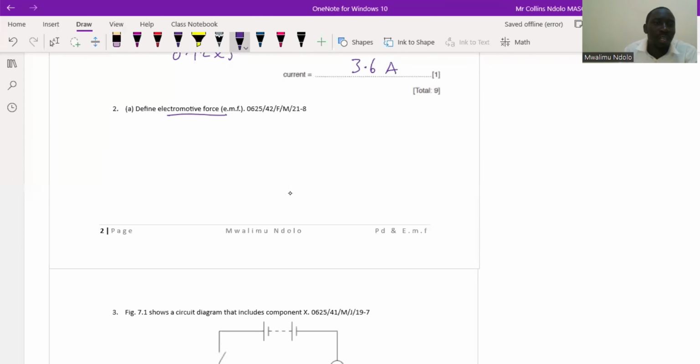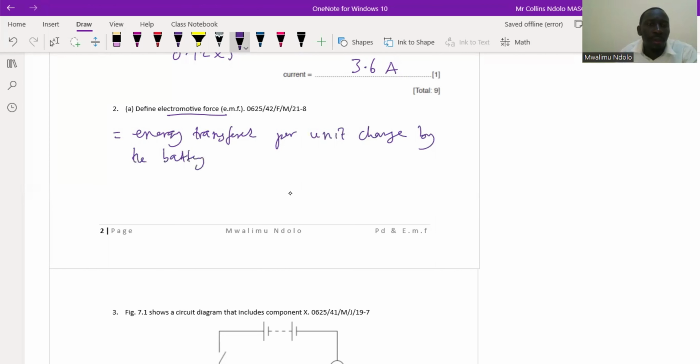In a circuit, we define EMF as the energy transferred per unit charge by the battery or a cell in moving a charge in a circuit.